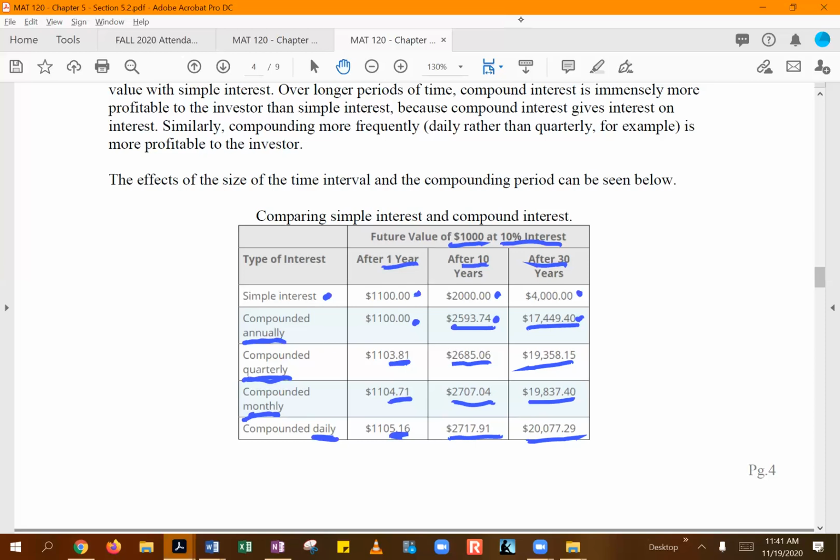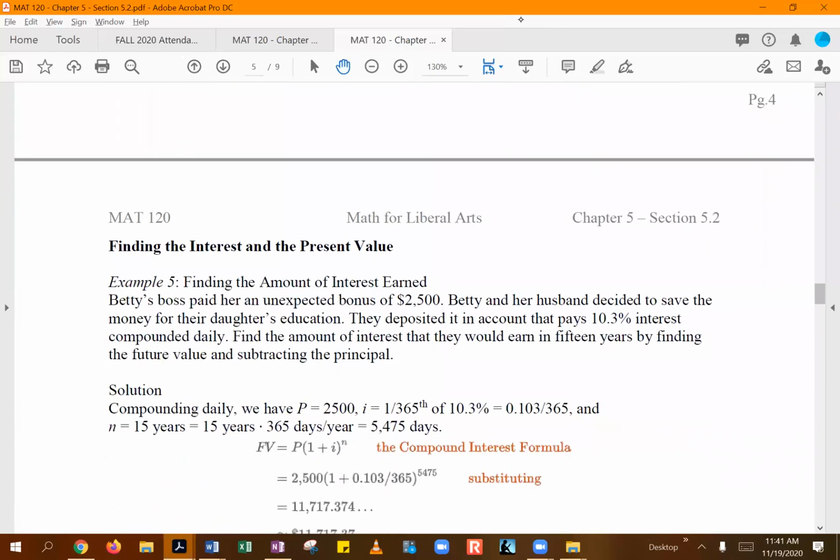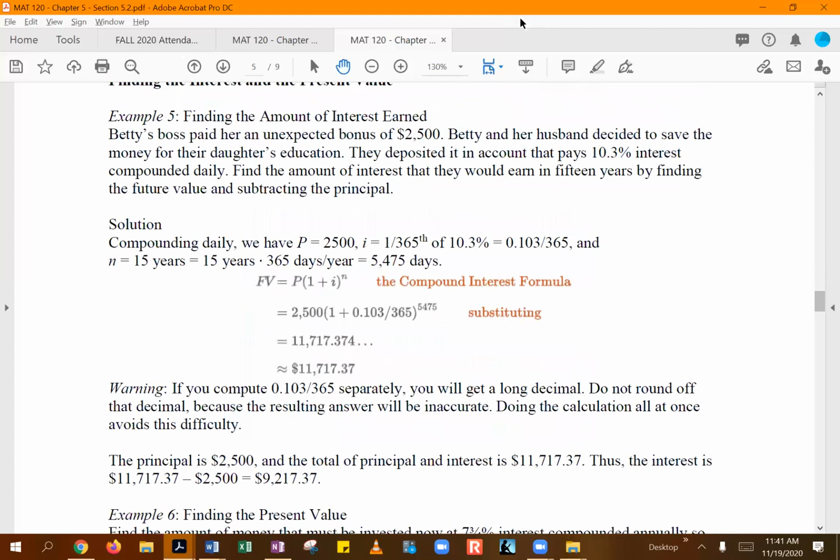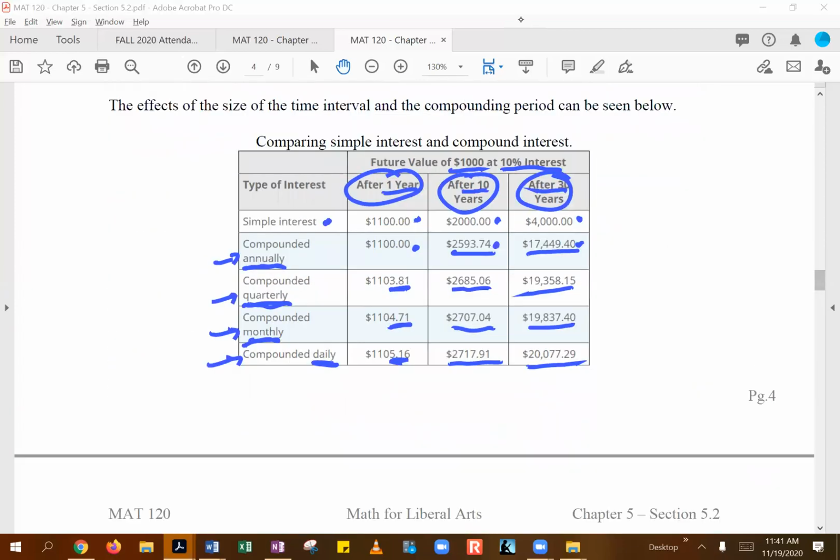So the compounding period makes a difference, and also the number of years makes a big difference on how your money grows. So compound interest, guys, is definitely a great calculation, like I said, especially when it comes to investments.